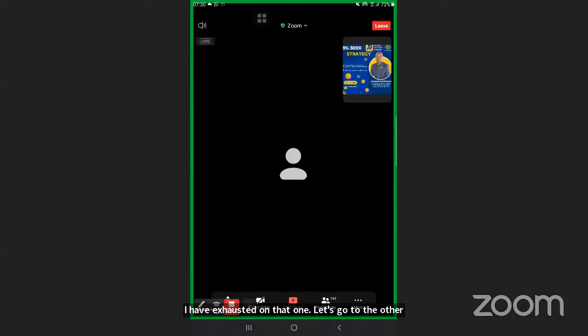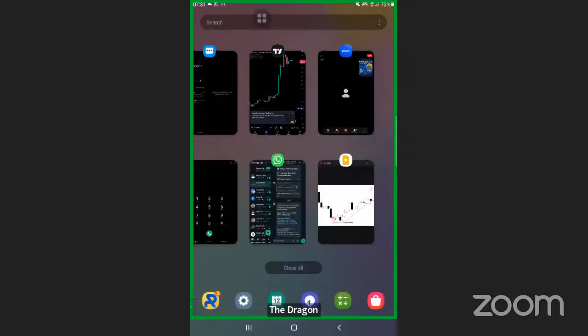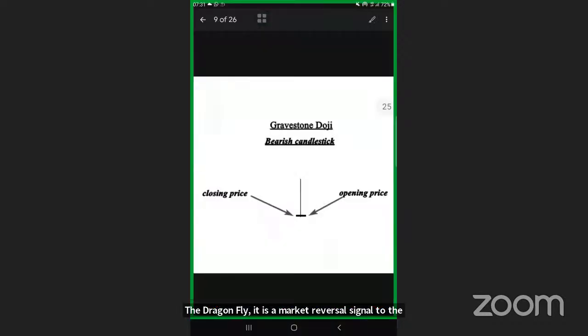Let's go to the other side of the Dragonfly Doji. The Dragonfly Doji is a market reversal signal to the upside. Now we do have another type of doji that is a market reversal to the downside.